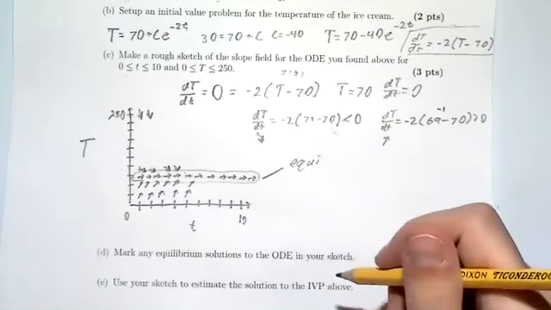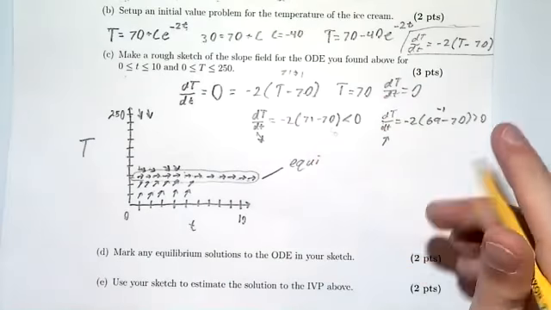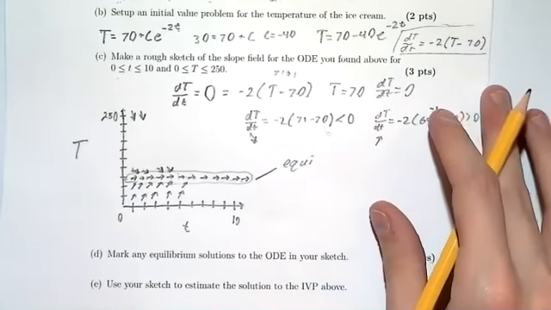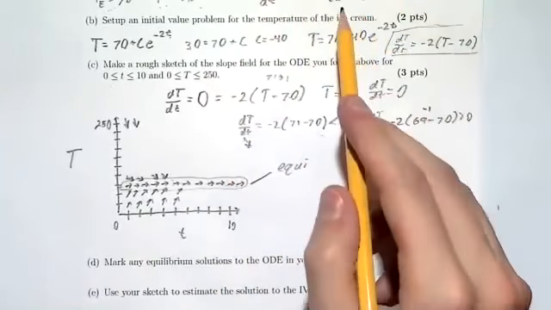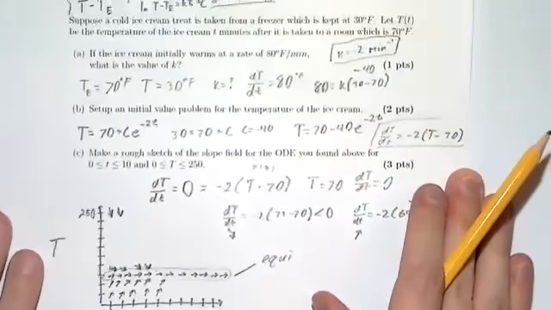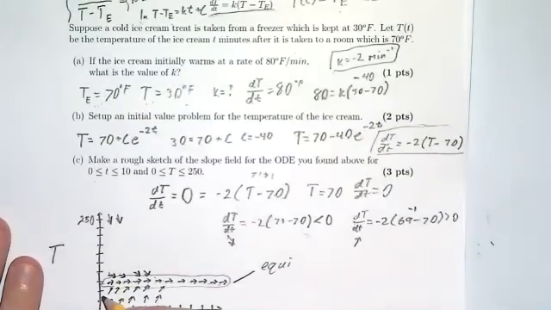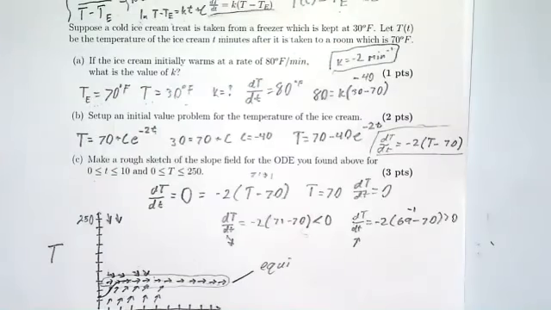Use your sketch to estimate the solution to the IVP above. Yeah, so what you would do there is knowing that your temperature starts at 30 degrees, you would trace, so at T equals 0, you'd have 30 degrees. And then it would trace like this, if that makes sense.